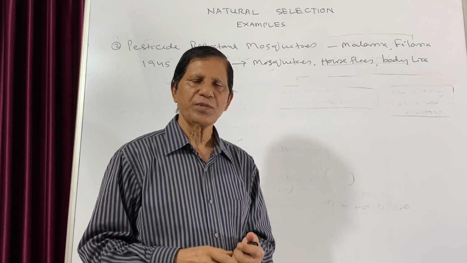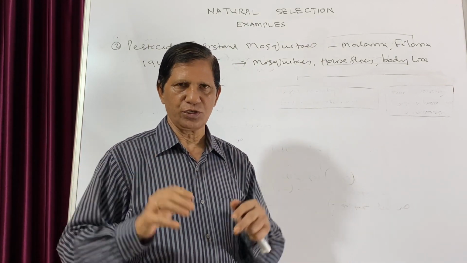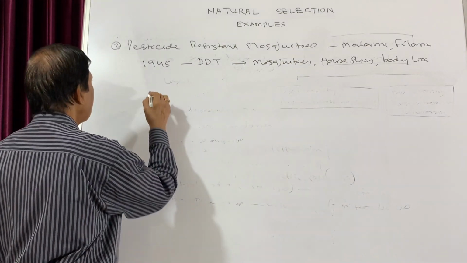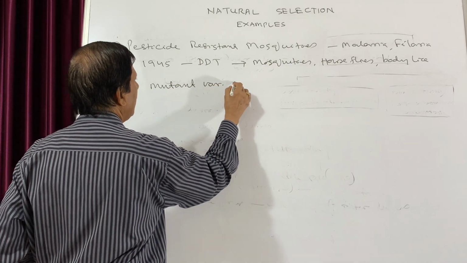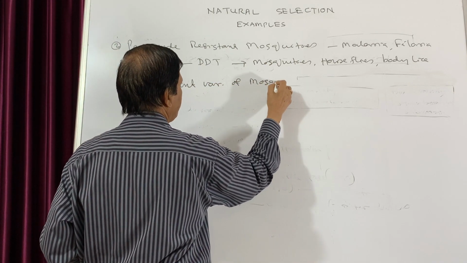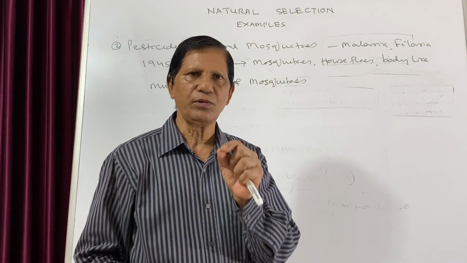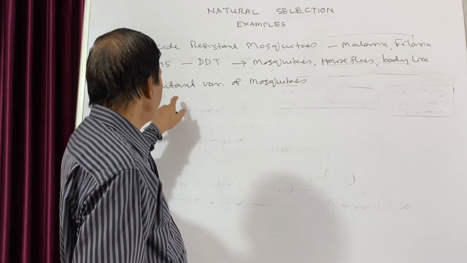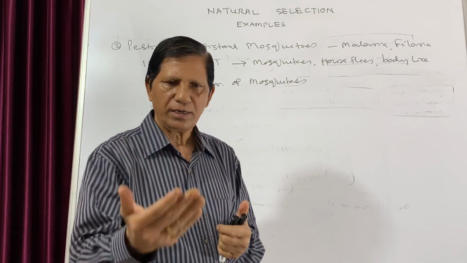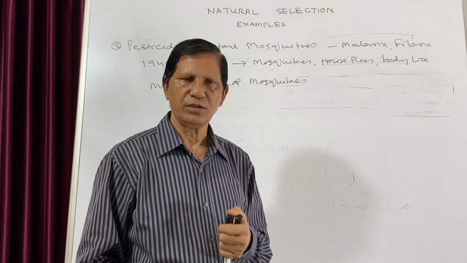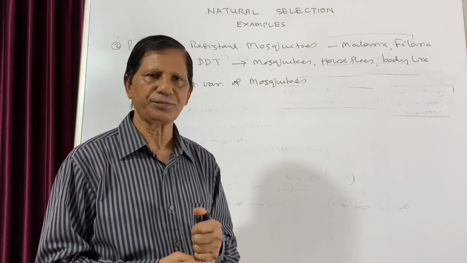It is possible because among the mosquitoes there were some mutant varieties among the susceptible ones. But these mutant mosquitoes were unable to compete with the susceptible ones, because their number was very small.